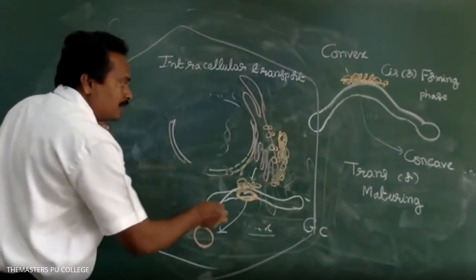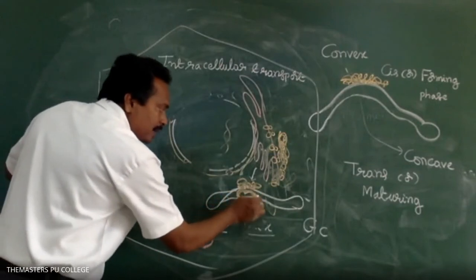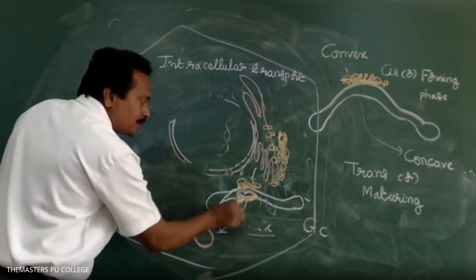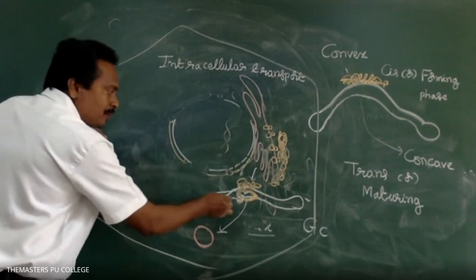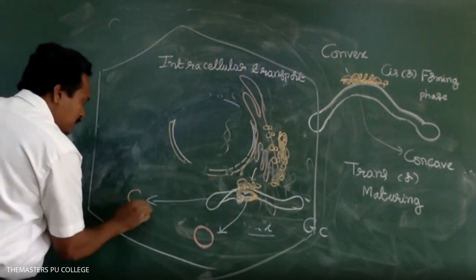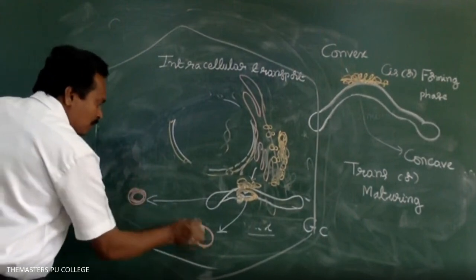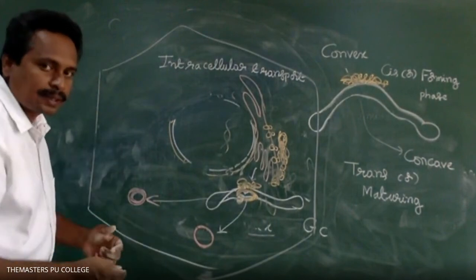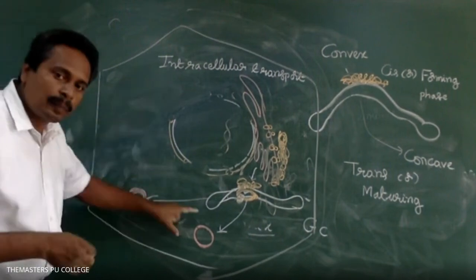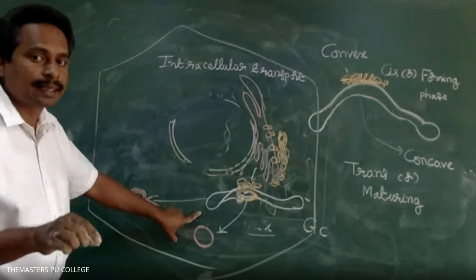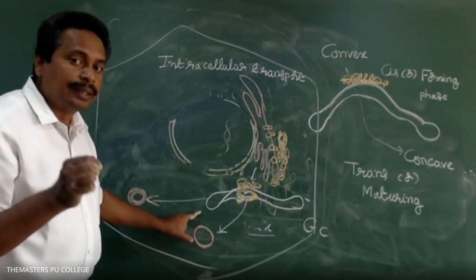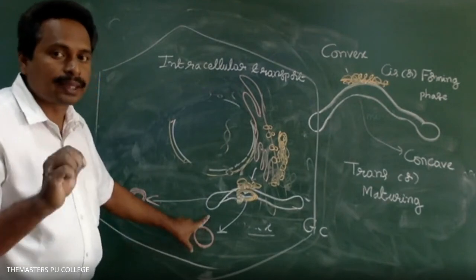So the Golgi complex is involved in the transportation of some substances, like proteins, from one place to another place. It is also involved in transportation of some other substances from one place to another place within the cell, in the cytoplasm of the cell.